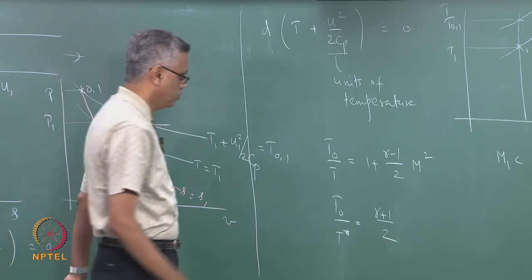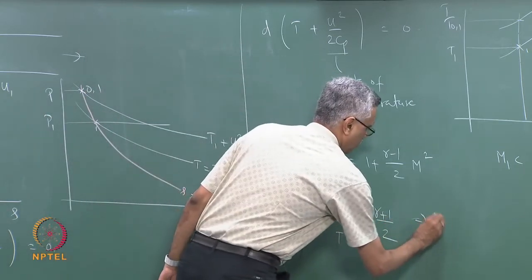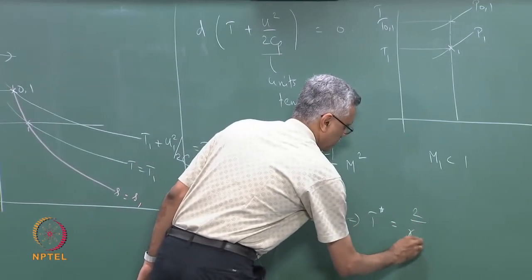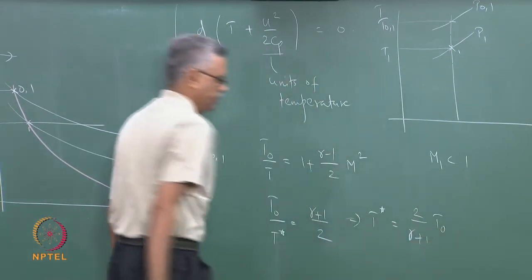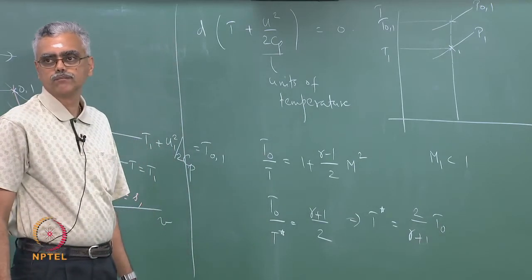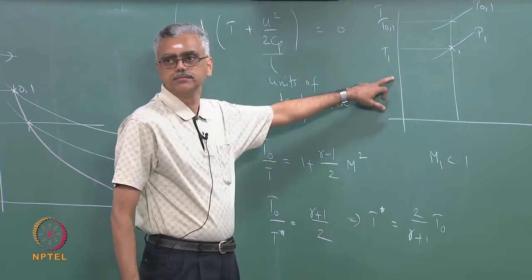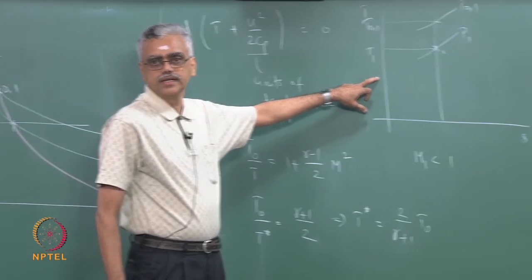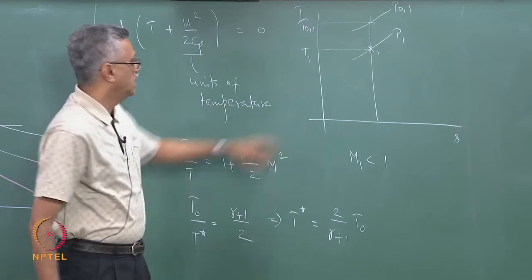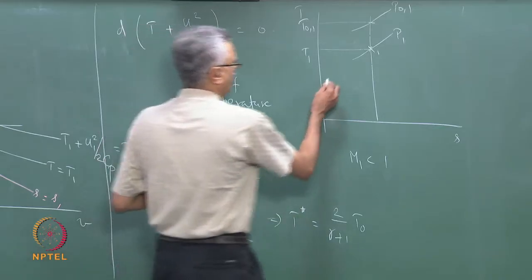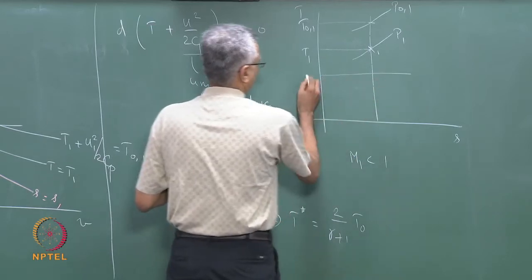So once I know T0, I can evaluate T star as 2 over gamma plus 1 times T0. Now this I can show here. I can show T star on this, and since we assume that M1 is less than 1, T star is going to fall like this.